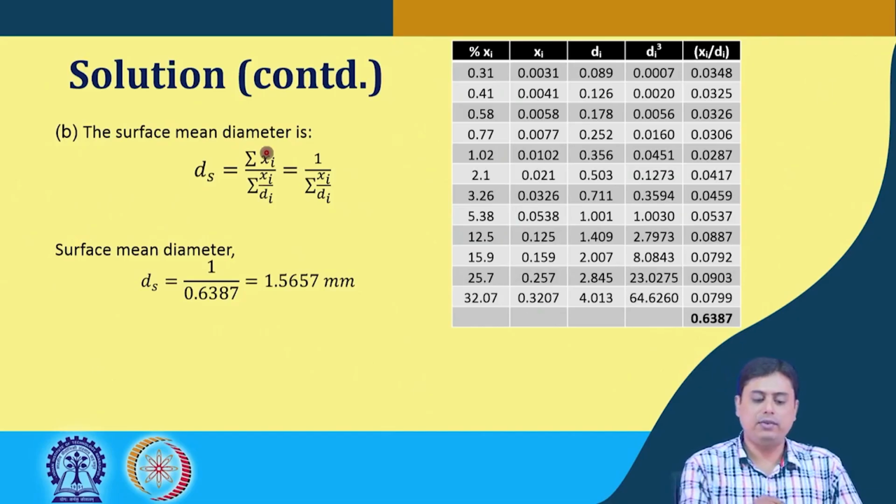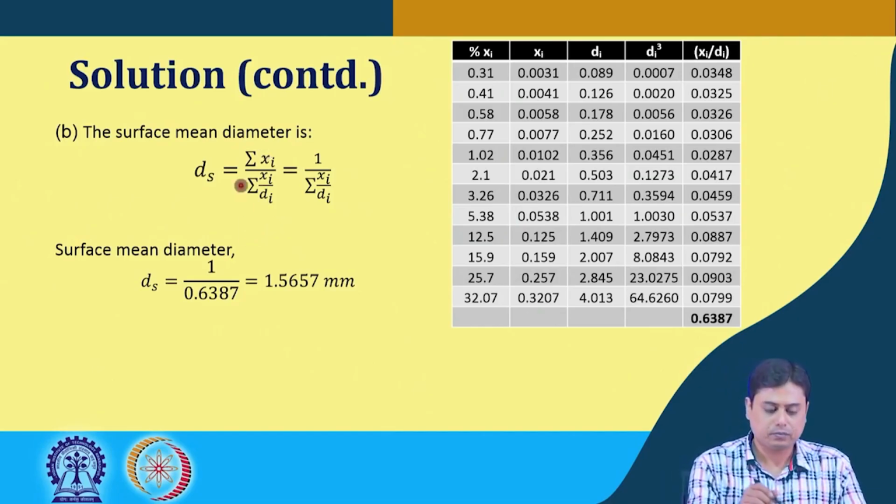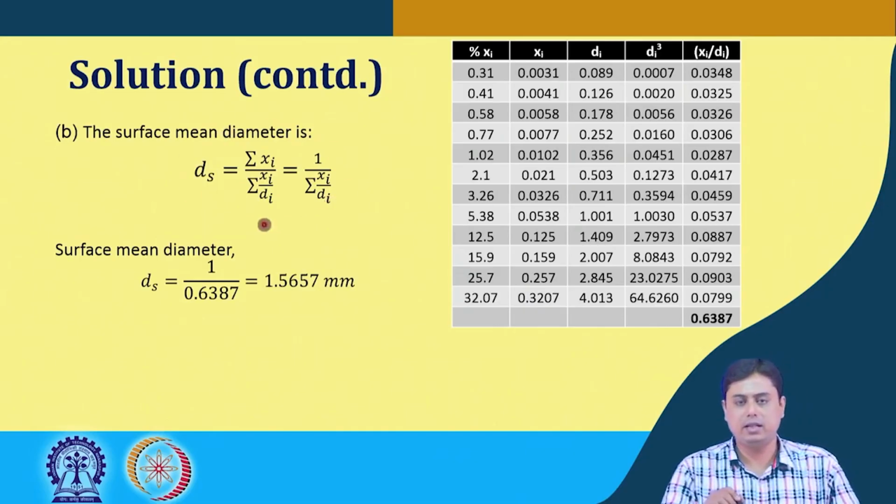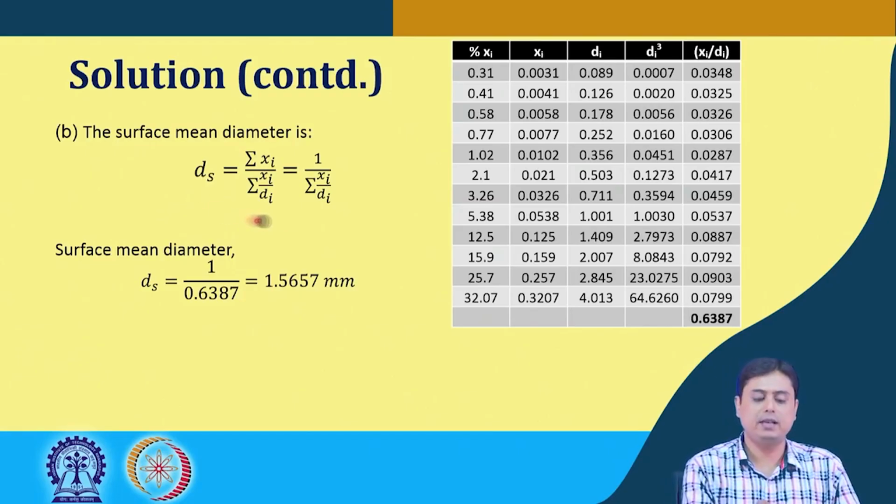Similarly, for the surface mean diameter, we have this expression. Remember again, surface mean diameter and mean surface diameter have different expressions. Here it is the surface mean diameter, or the Sauter diameter, where we have to find the summation of x_i by d_i.